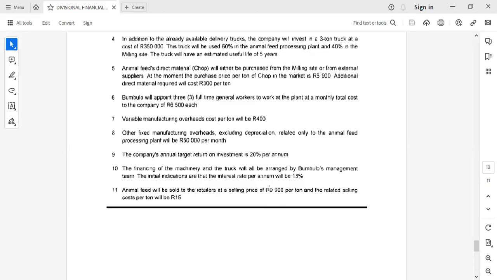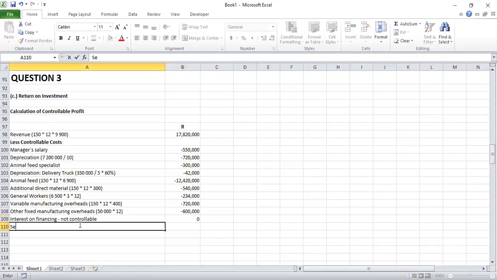Animal feed will be sold at 9,900 per ton, and the selling cost will be 15 per ton. The sales we've already included, but the selling cost: $150 times 12 times 15.